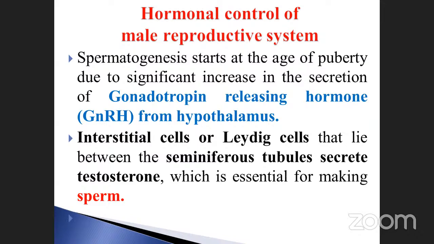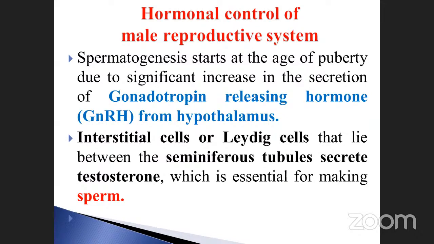The hypothalamus is a small portion below the thalamus in the brain. The hypothalamus secretes gonadotropin releasing hormone, which is responsible for puberty.